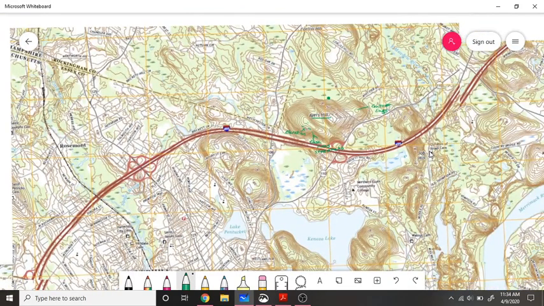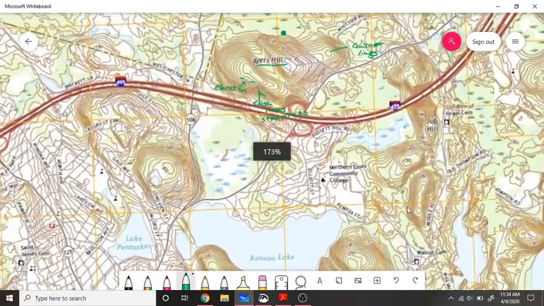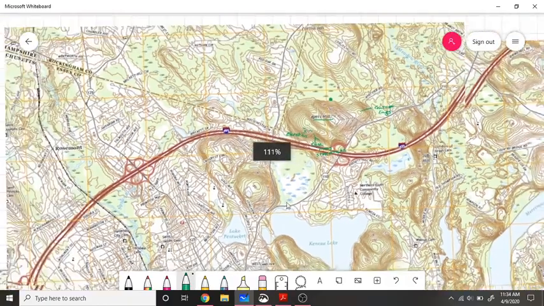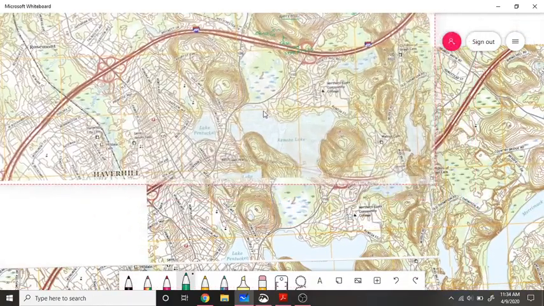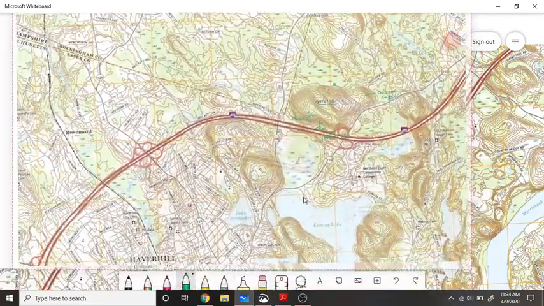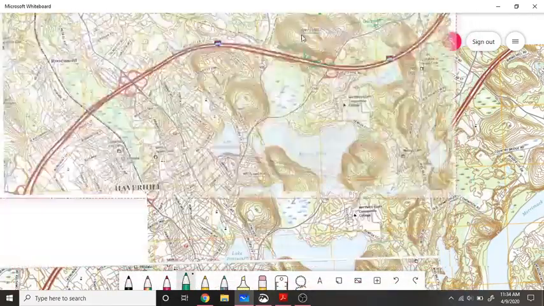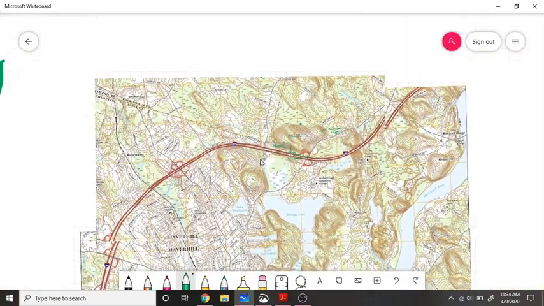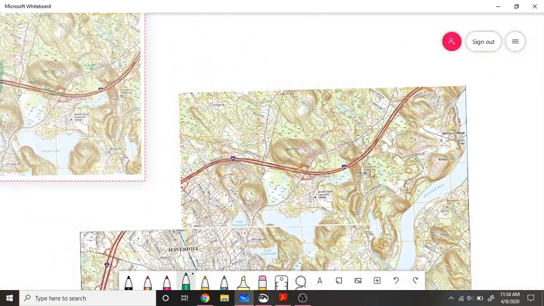I don't know why it keeps jumping out on me, so we're not going to stress about it. As I said, I had to put several maps together, so that's why my pieces are moving around. And it's going to be a little bit of a pain in the neck to zip around to show you guys stuff.